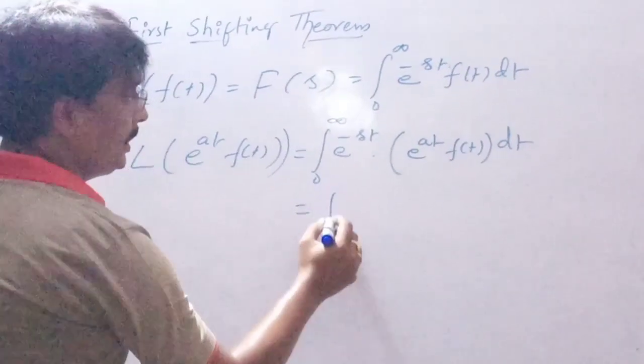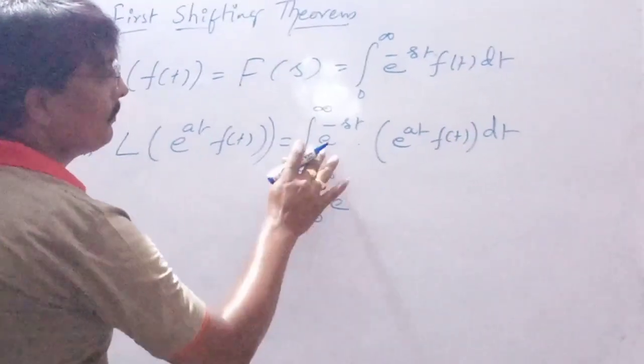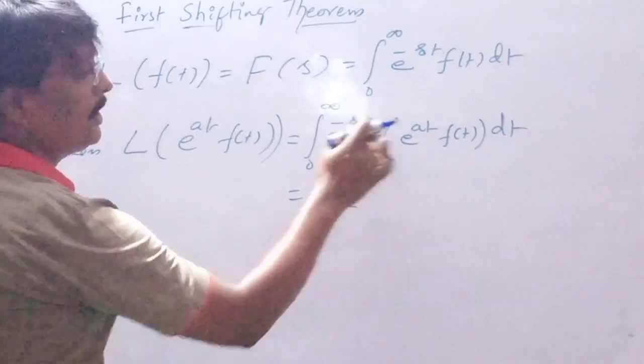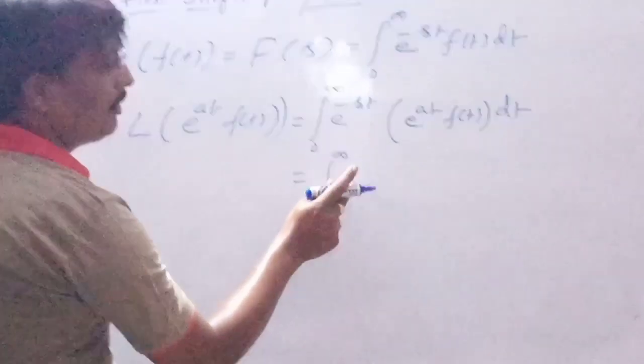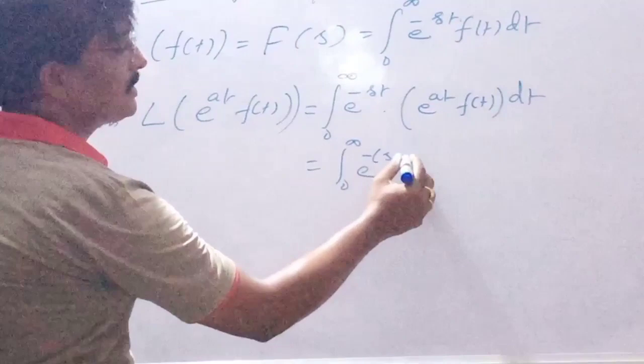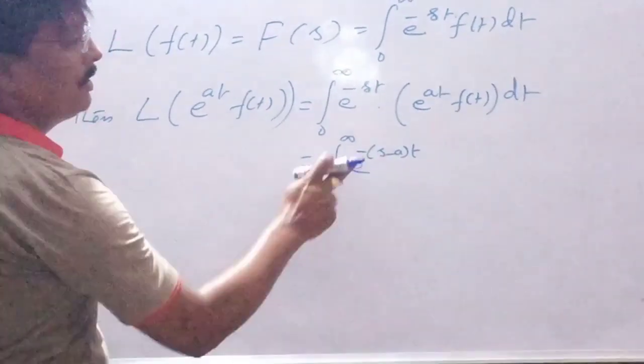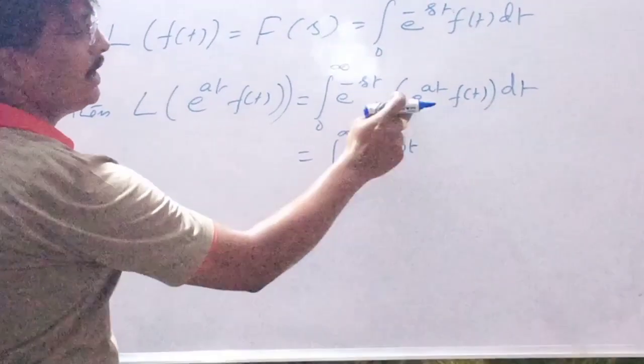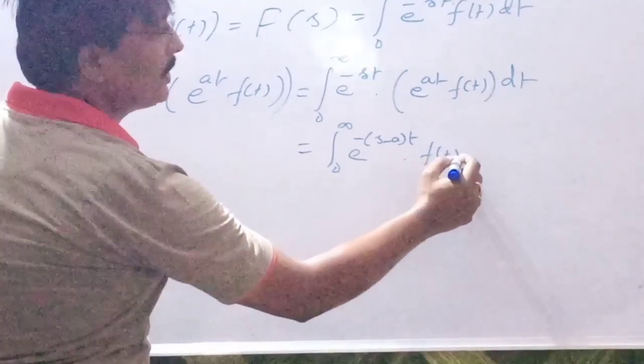Taking e to the power of minus common, this is e to the power of minus (s minus a)t times f of t dt.